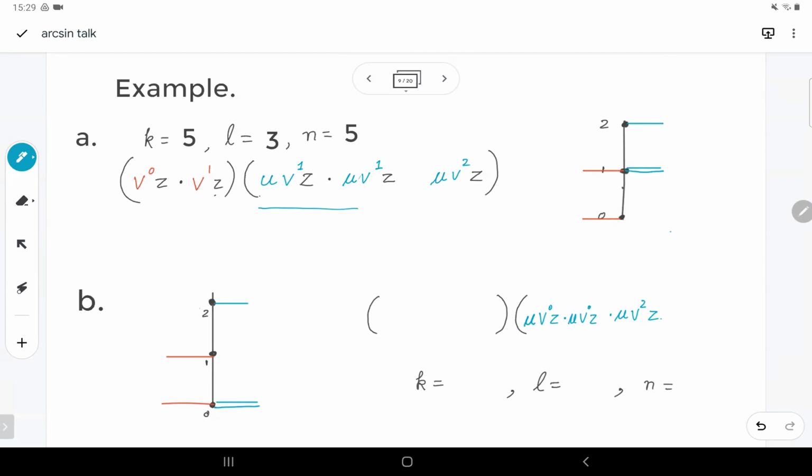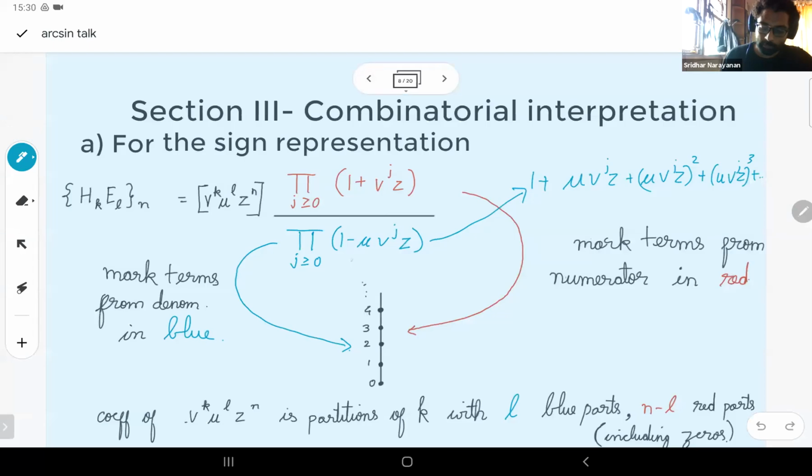Okay, but the first kind you cannot actually get, right? Because u v1 z is only once. No, we can get this, because it's from the denominator. The u terms come from the denominator.